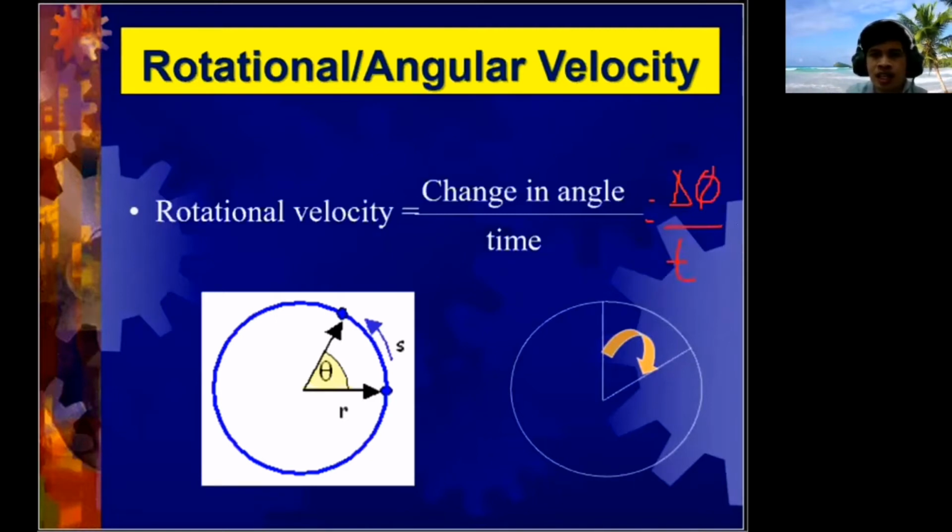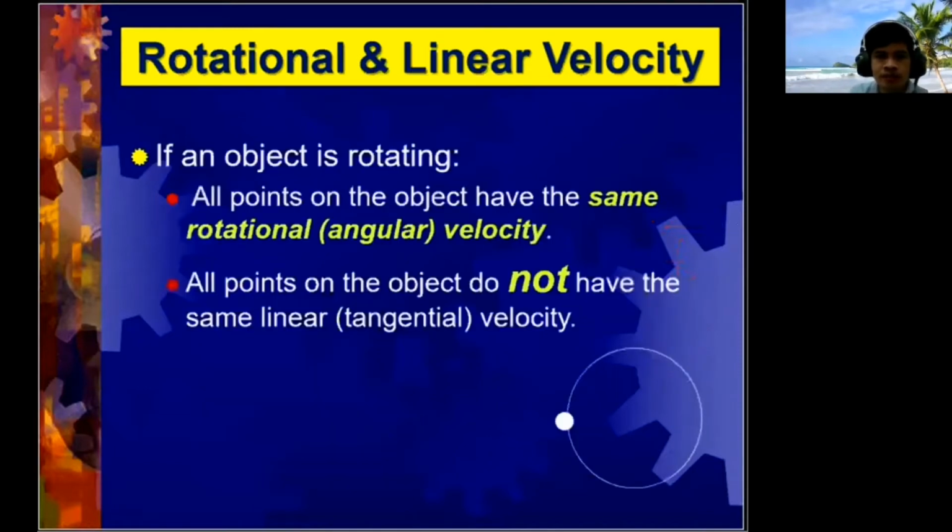Right, next. If an object is rotating, all points on the object have the same rotational or angular velocity.